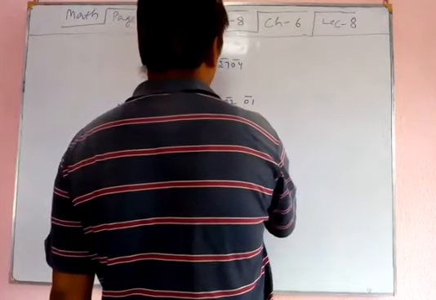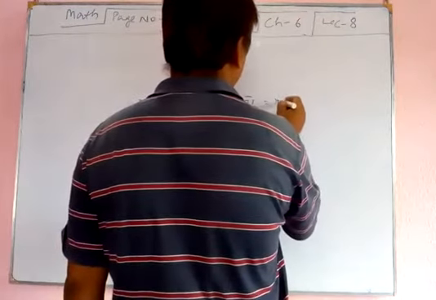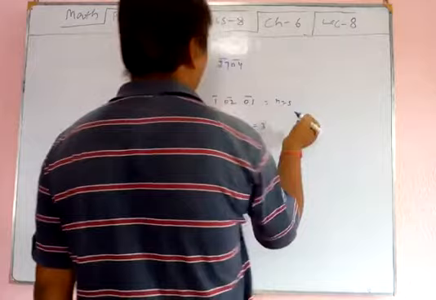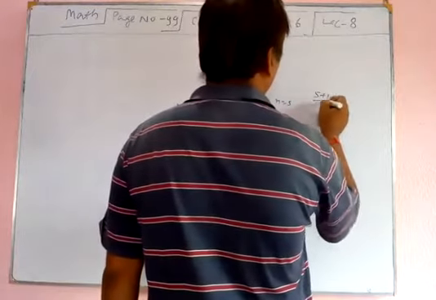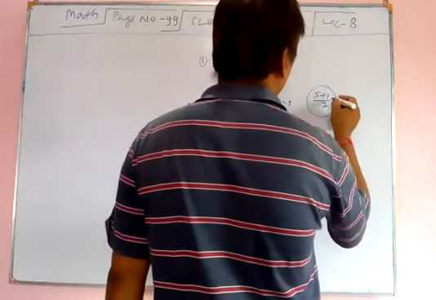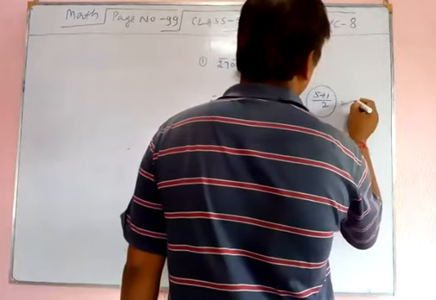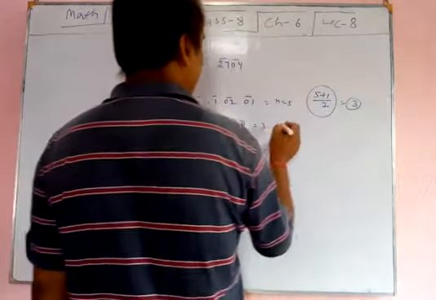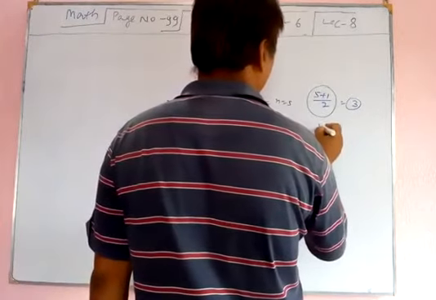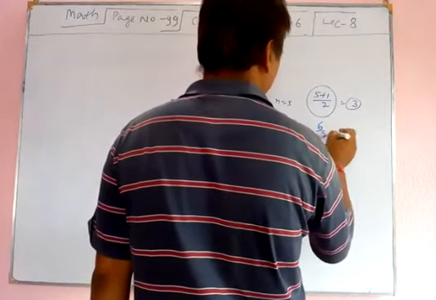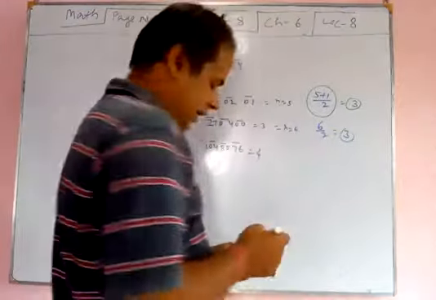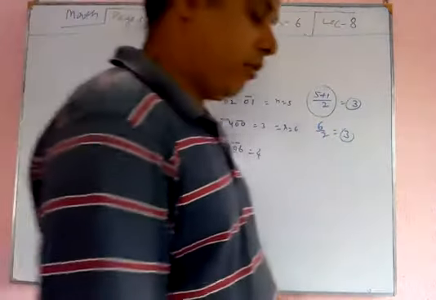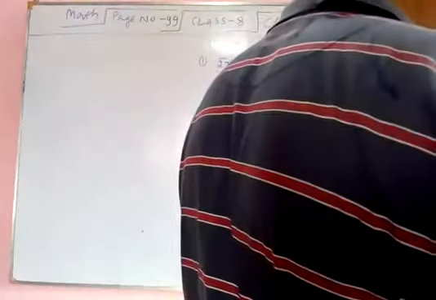Here 1, 2, 3, 4, 5, so n is equal to 5. So the number of bars will be (5 plus 1) by 2, that is 3. Here 2, 4, 6, n is equal to 6, so the number of bars is equal to 6 by 2, that is 3. So if n is an even number, the number of bars is equal to n by 2.